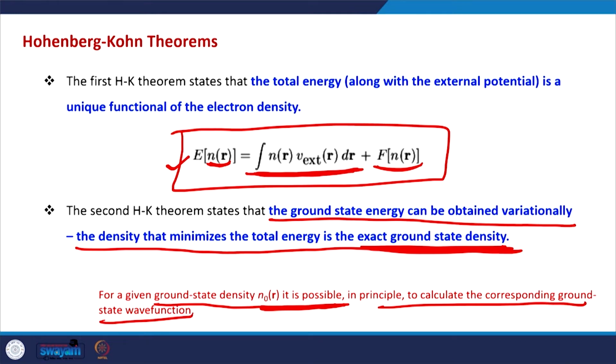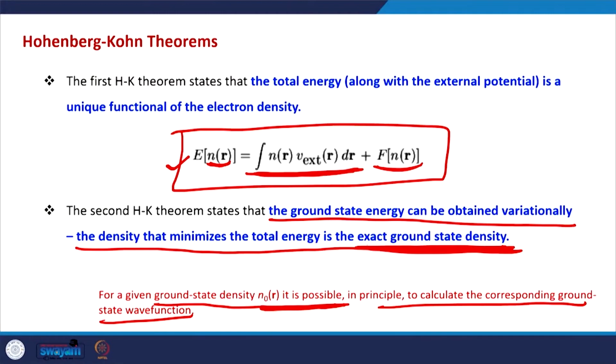So essentially what HK theorems do is they reduce the original Schrodinger equation to finding out the electron density of the system, and by minimizing the energy as a function of the electron density, we can find out the ground state energy. And the ground state is important because that is the state when the system is not interacting with any external agency. That is the state that gives us the electronic structure, the band structure of the system.